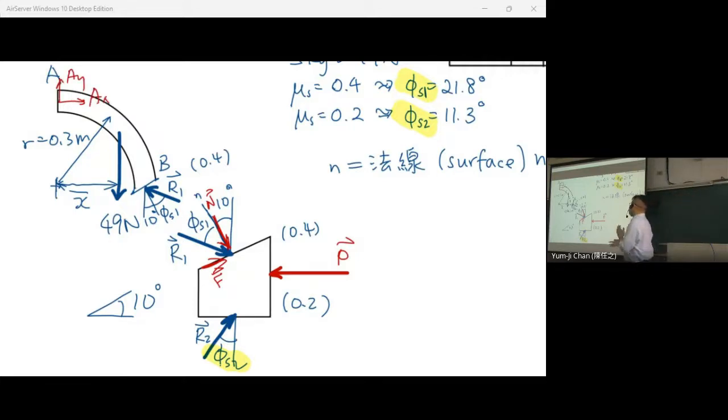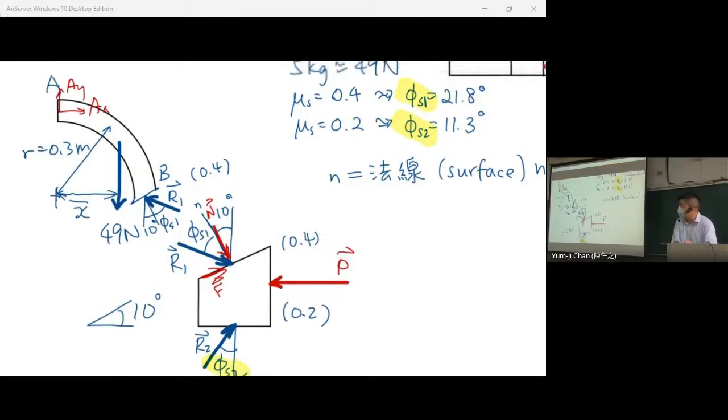But do we know the direction of the forces at A? If yes, why? Because AB is a three-force body.